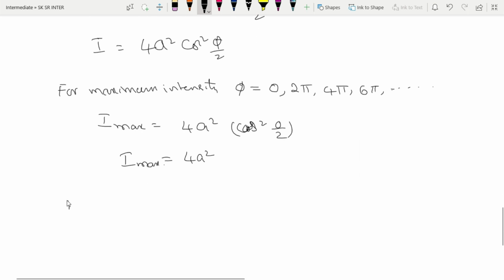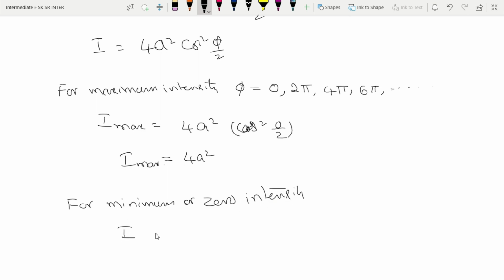Next thing is for minimum intensity or zero intensity, that means I must be equal to 0.